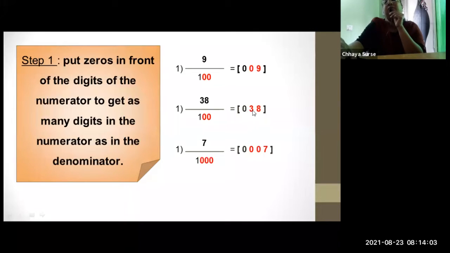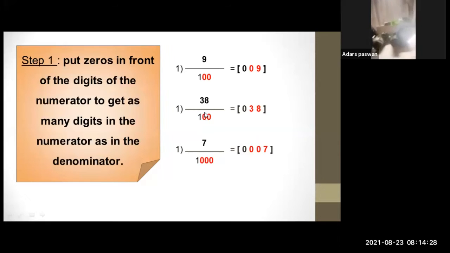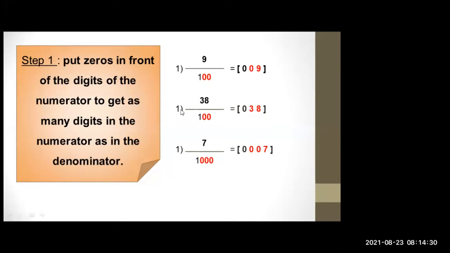Where will you put the point in this number? 0.38 is there. In between 0 and 3, or in between 3 and 8, where will you put the decimal point? Yes, Ansh. You just see on the screen, don't see the lesson.